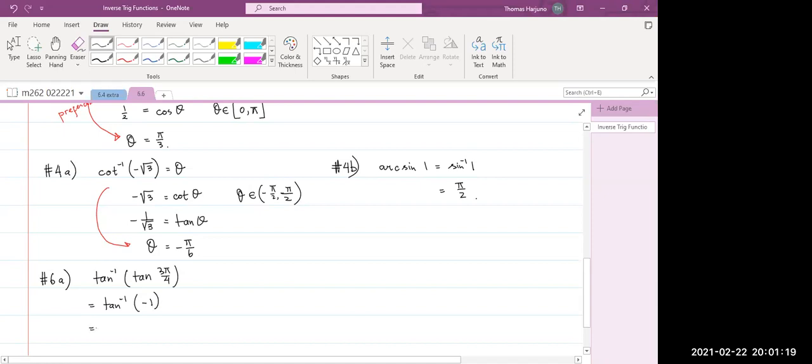Now, tangent inverse of negative 1, however, is negative pi over 4. Tangent of what angle equals negative 1, and that angle is in the negative pi over 2 to pi over 2 interval.